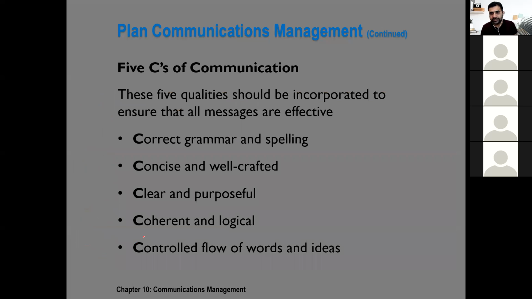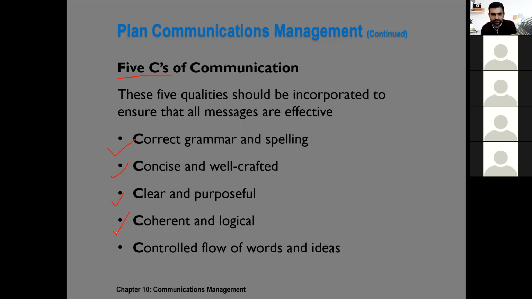When we talk about communications, we really want that communication should be based on 5 C's. These are the qualities of any communication: verbal, written, formal, informal, including. First C is correct grammar and spellings. The second C is concise and well crafted, clear and purposeful, coherent and logical, and controlled flow of words and ideas.